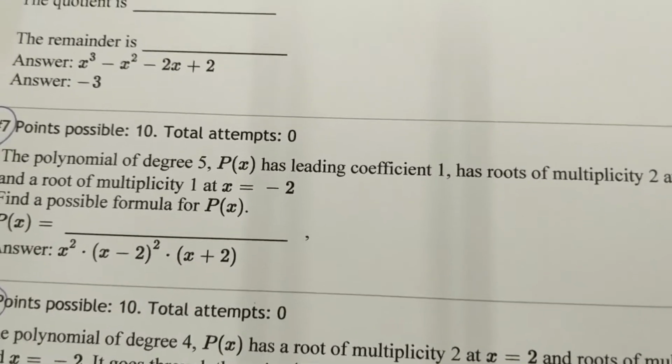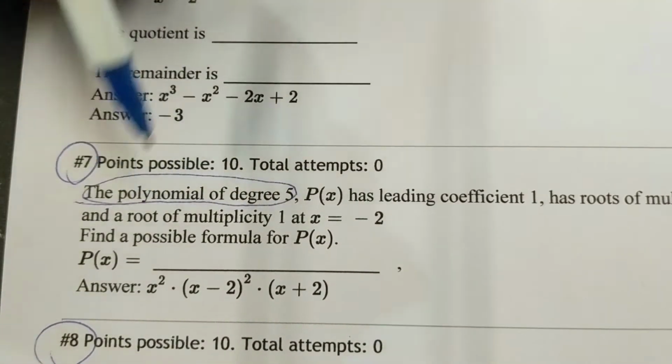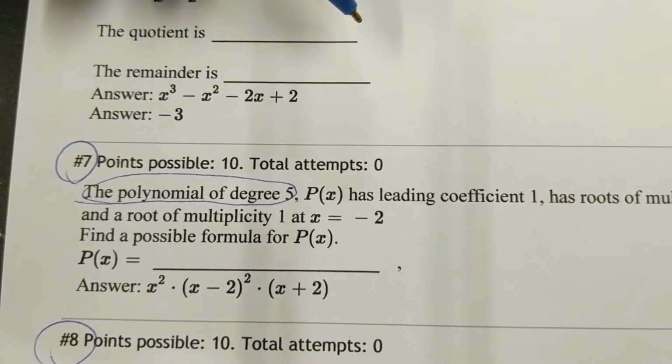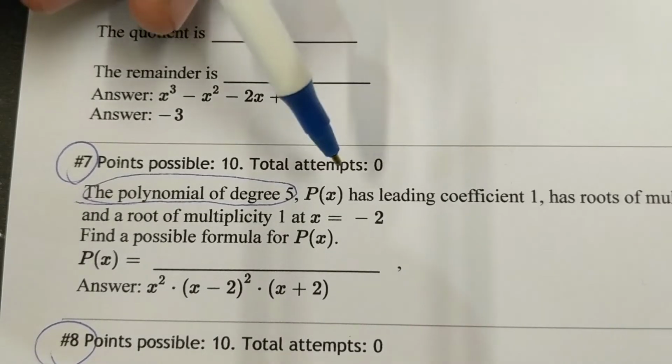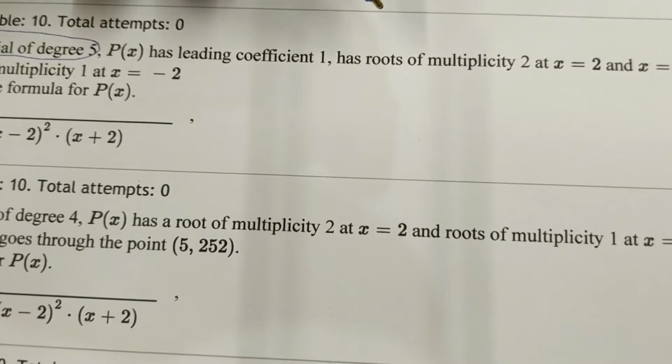And so remember what this means is, first off, if they say polynomial degree 5, that means this is up to x to the 5th power is what we're looking at. There's essentially x5 somewhere in here is how much x we got going on.